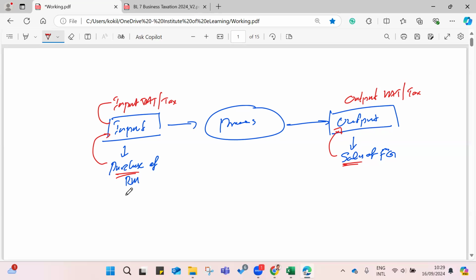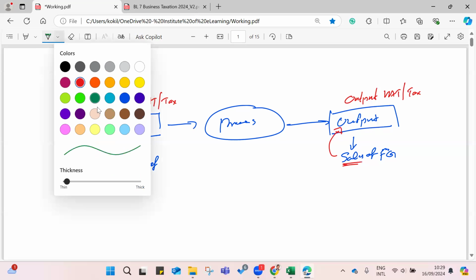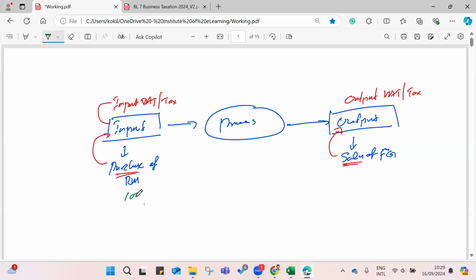Let's say you purchase 100 worth of raw material. You did some value addition during the process and you are going to sell this for 200. When you are purchasing this 100 raw material you paid VAT 18, then total cost was 118.